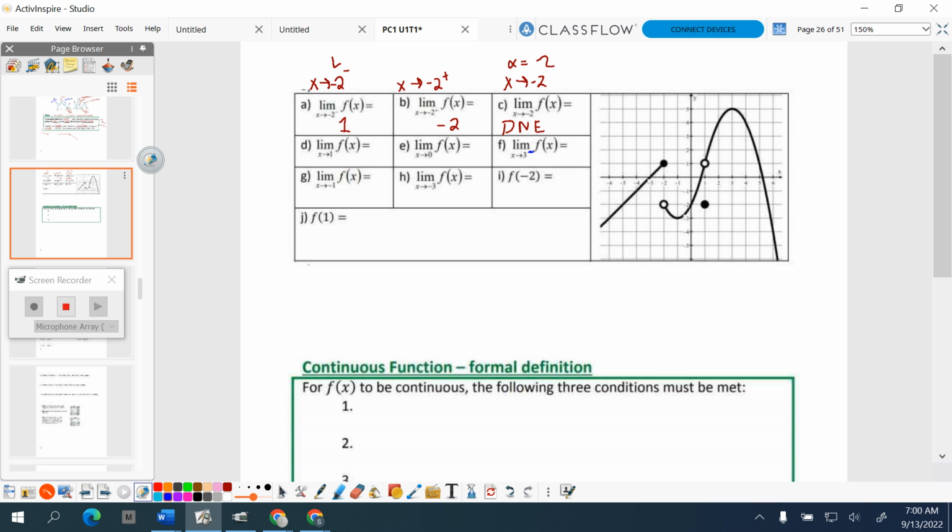So this jump here is a little bit different from the jump that we had before.